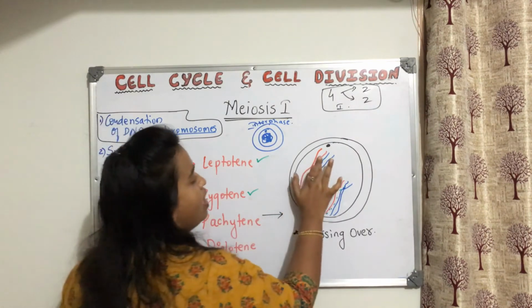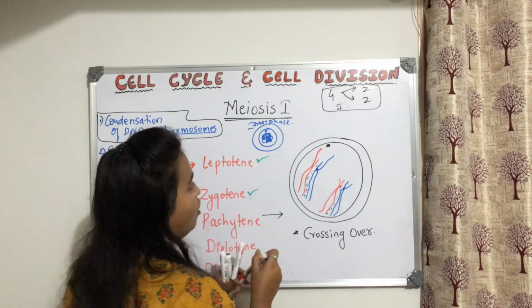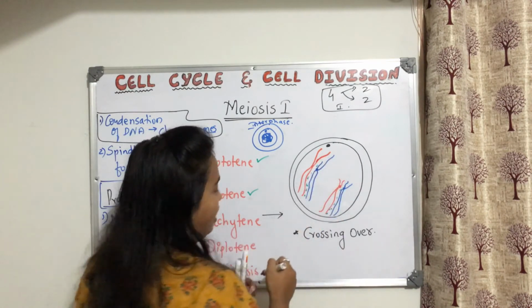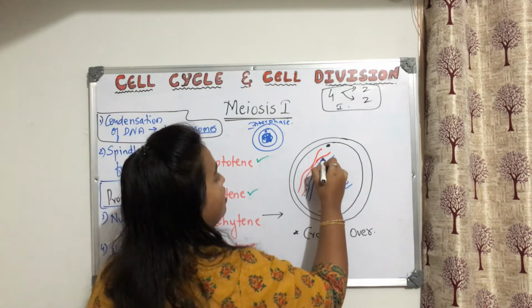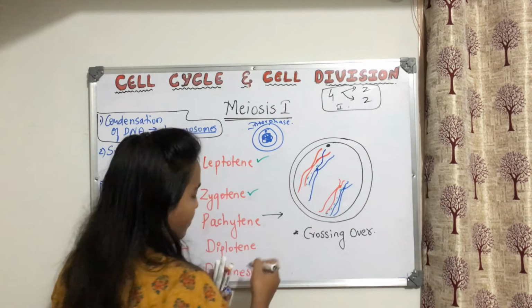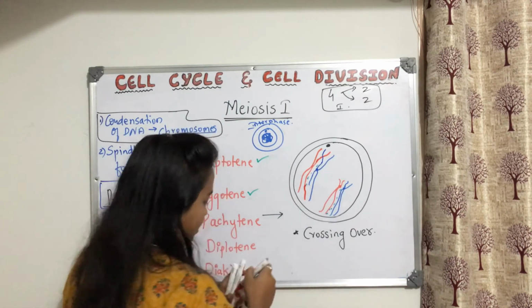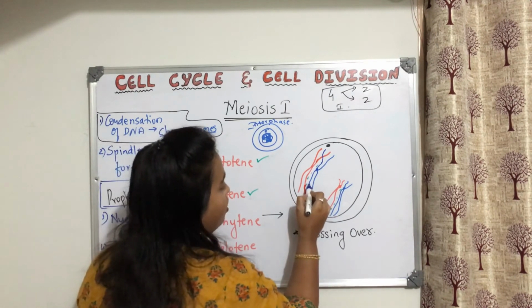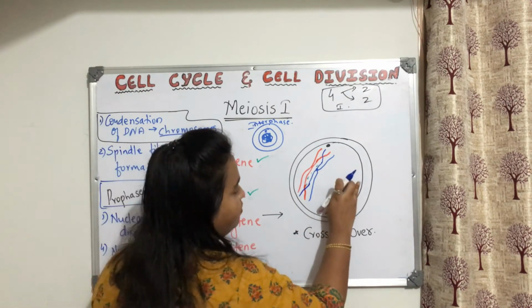I'll show you how. For example, they are together now. You can see there is a crossing. Because they are together, what will happen? They cross, like this. And here also the same thing will happen. This side also it will cross, like this. And this will cross with this. And the same thing with this.